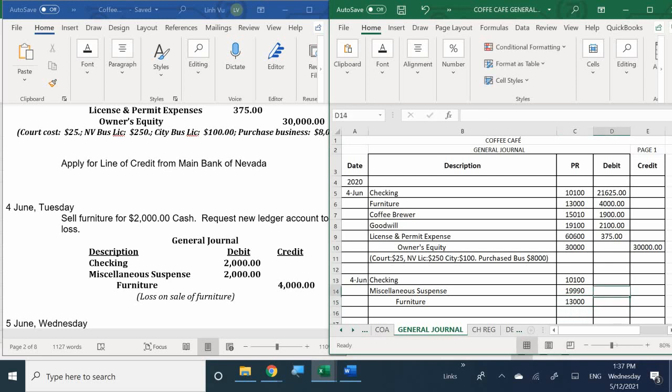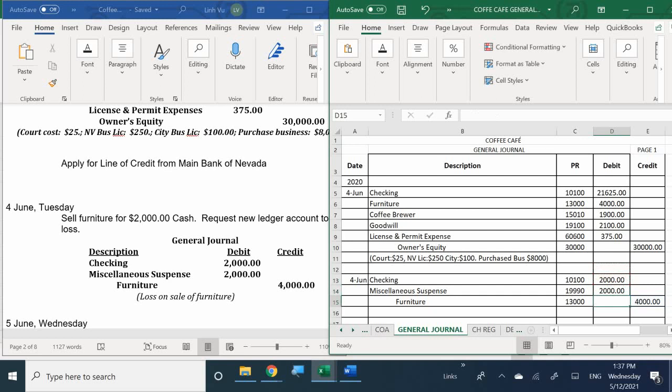Once again, we only received $2,000 worth of cash, right? However, we got rid of all of the furniture, and the furniture is worth $4,000. So what am I going to recognize as my loss? 2,000. The $2,000.